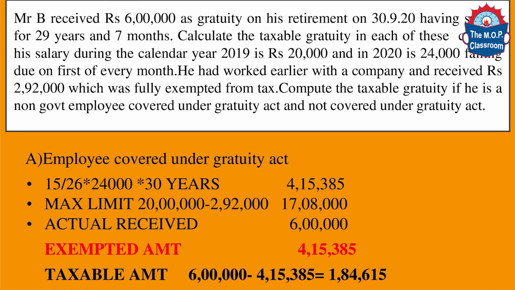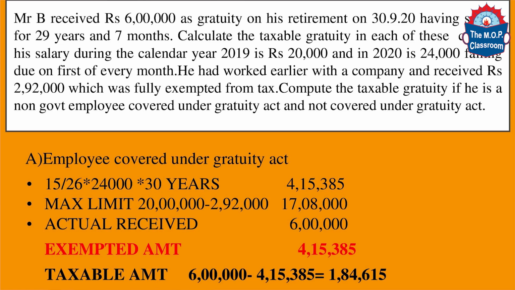From the above 3 values, the least value will be the exempted value. So, the exempted value will be 4,15,385. Therefore, the taxable value will be the amount received, which is 6 lakh, minus the exempted value, which is 4,15,385. Therefore, the taxable value will be 1,84,615.